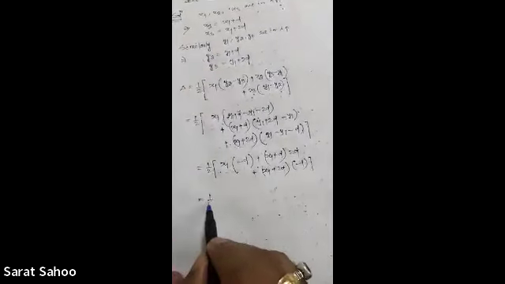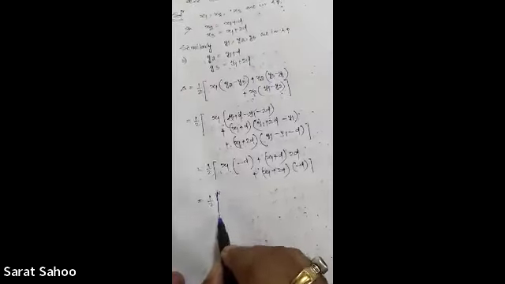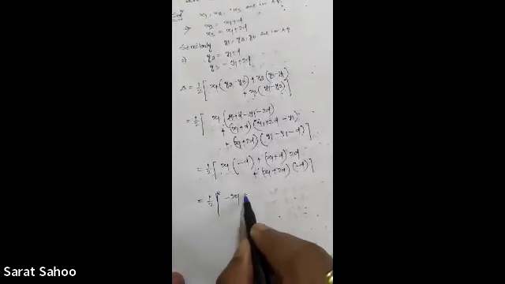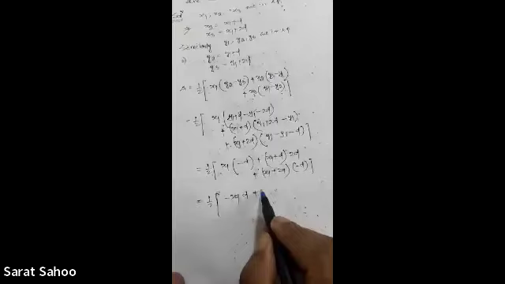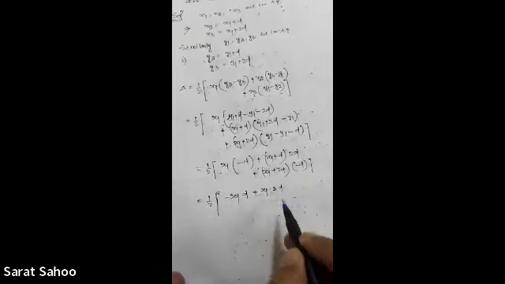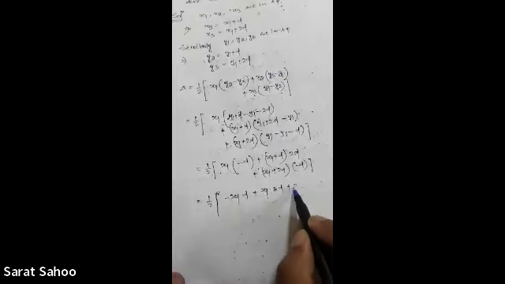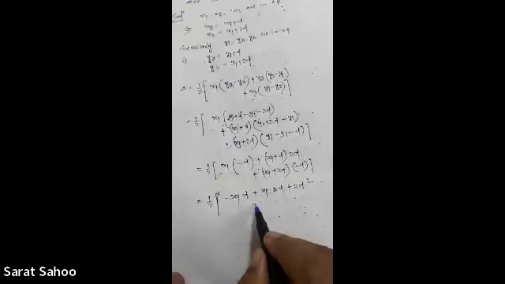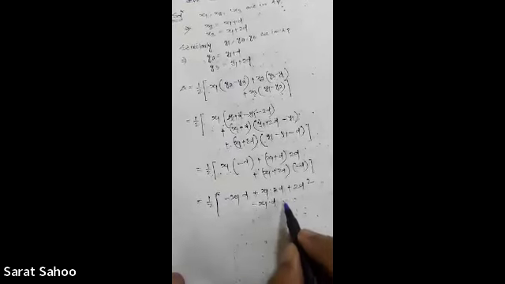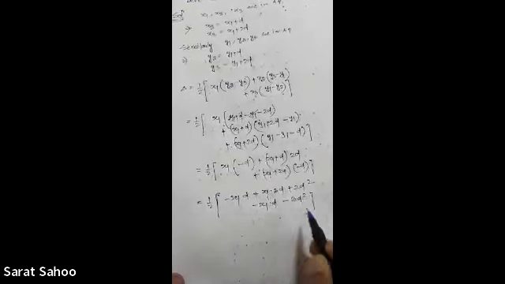This is equal to half of minus x1 into d plus x1 into 2d plus 2d square minus x1 into d minus 2d square.